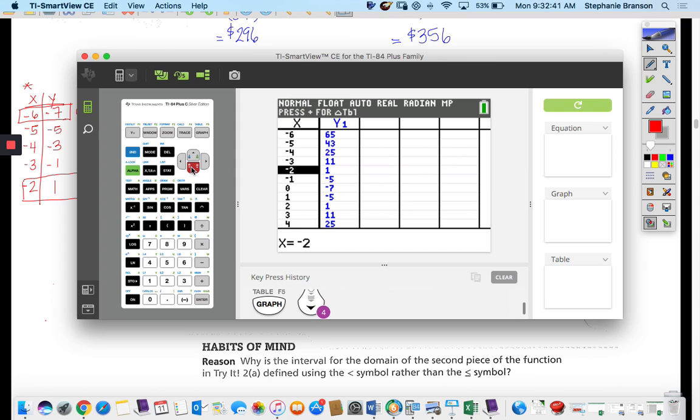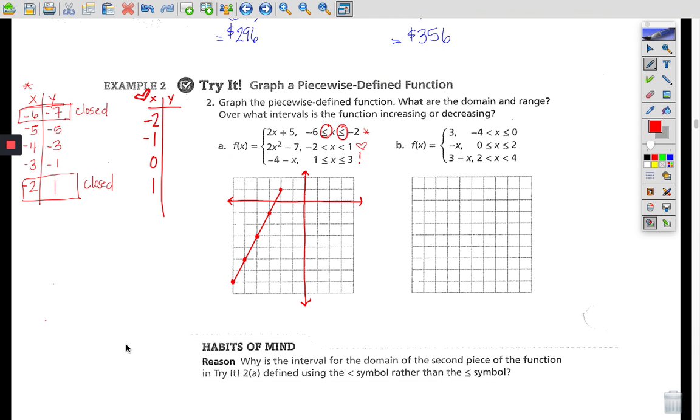And we are worried about values from -2 to +1. So -2, 1; -1, -5; 0, -7; and 1, -5.